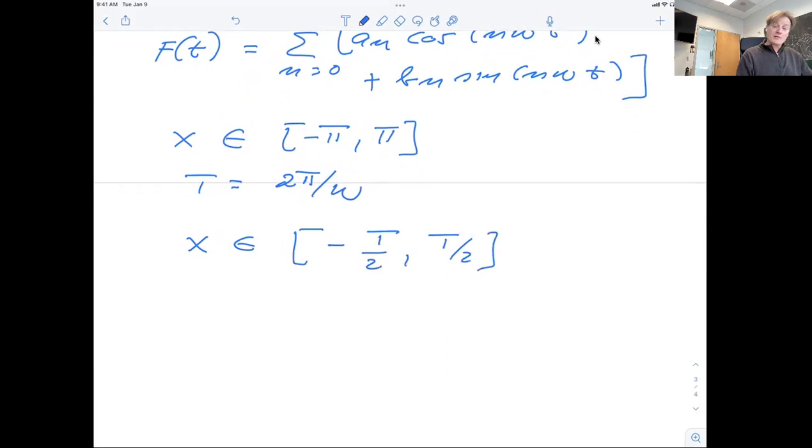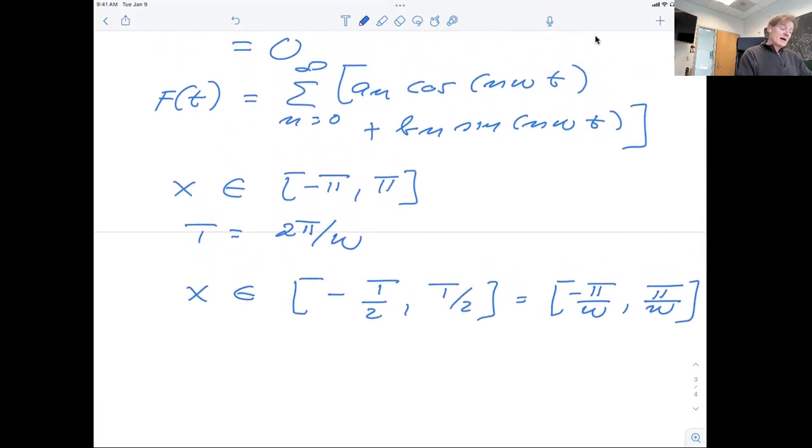That gives us a full period of 2 pi divided by omega, which is equal to minus pi divided by omega up to pi divided by omega. So this is just a change of variables. If I do that, then I can replace my previous argument x in terms of n times omega times t, which is what we have here.